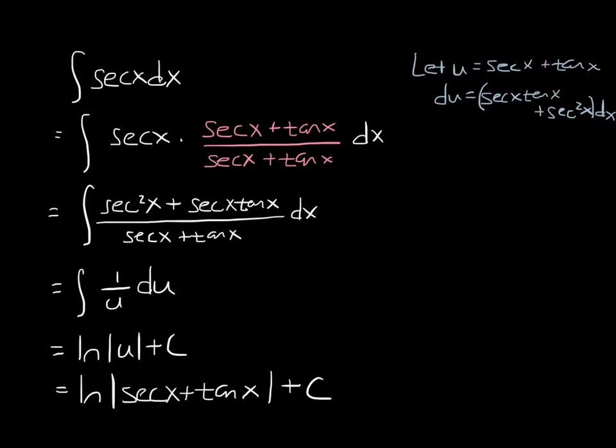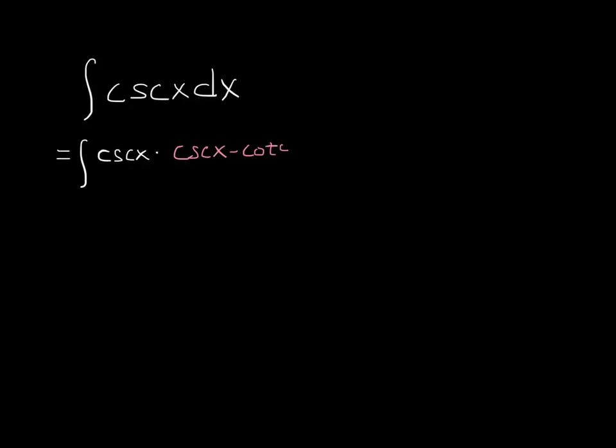And we finally get to cosecant. This is going to look very similar to what we did with secant, but we're going to multiply this by 1, but 1 is going to be cosecant minus cotangent over cosecant minus cotangent.